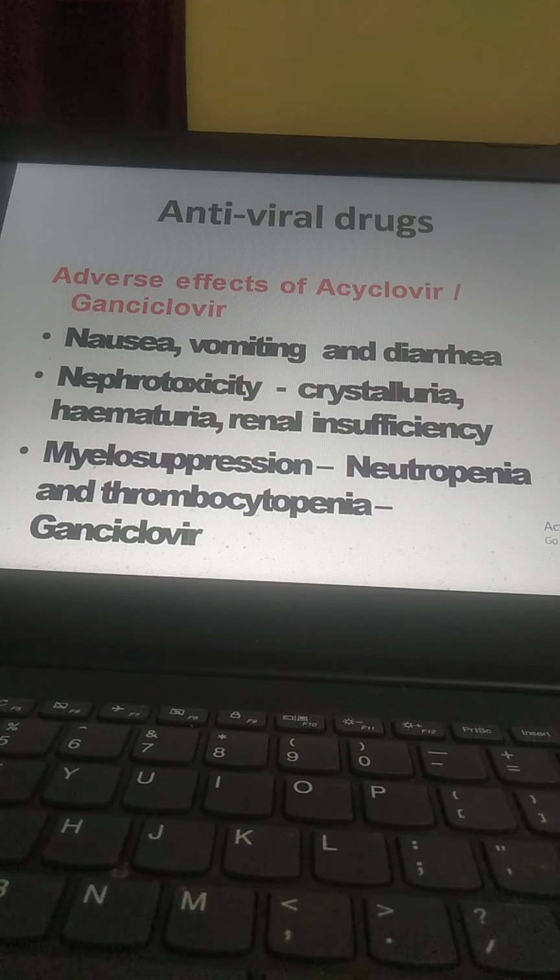Nephrotoxicity, crystalluria, hematuria, renal insufficiency. In myelosuppression we have neutropenia, neutrophils are less, and thrombocytopenia, platelets are less due to ganciclovir. So you have to know the adverse drug reaction profile of each and every drug, and enumerate it. These are the general, maximum side effects that take place once you give the drug orally or IV.